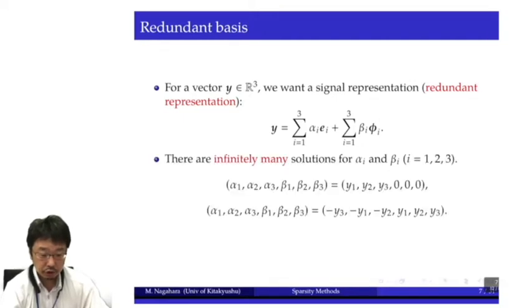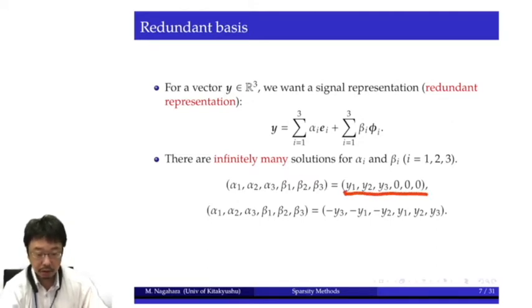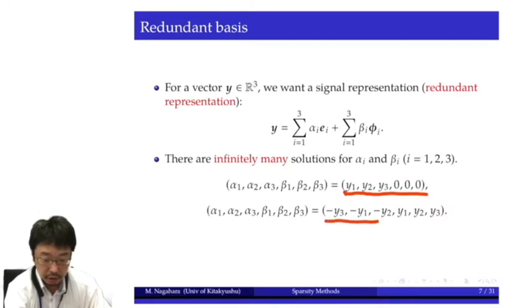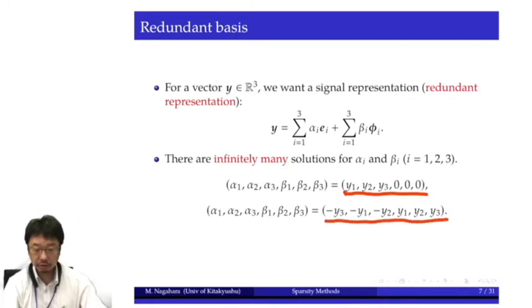Since the dictionary, the set of vectors, is redundant, there are infinitely many solutions for the coefficients alpha i and beta i. For example, we have one solution of y1, y2, y3, and 0, 0, 0, but this is also a solution to represent y.